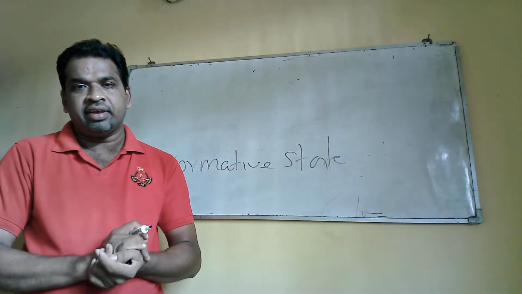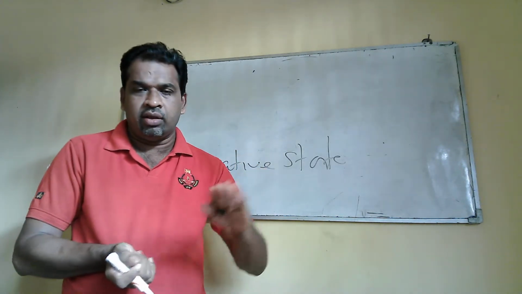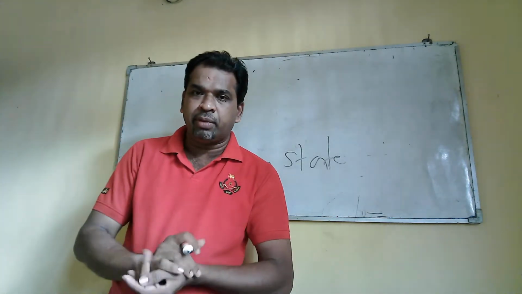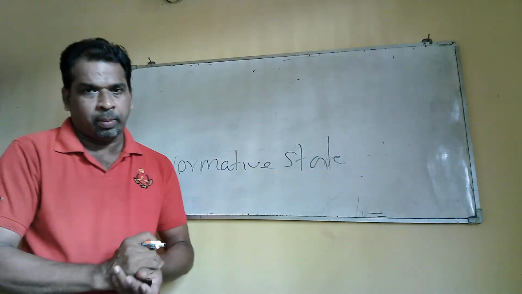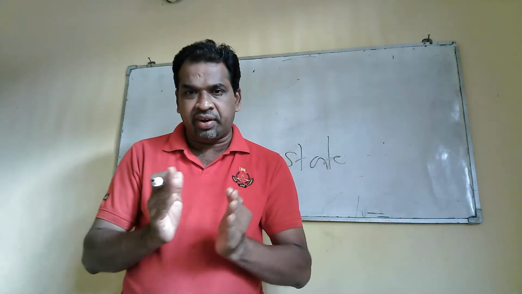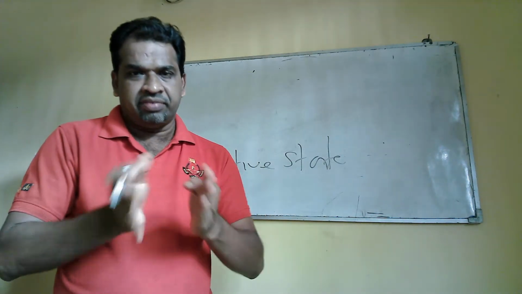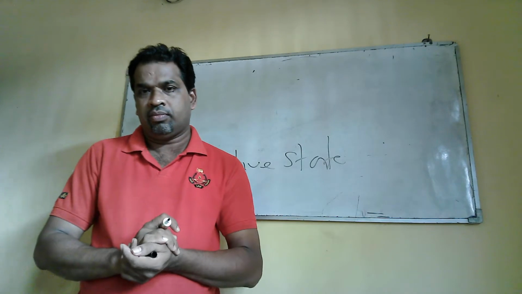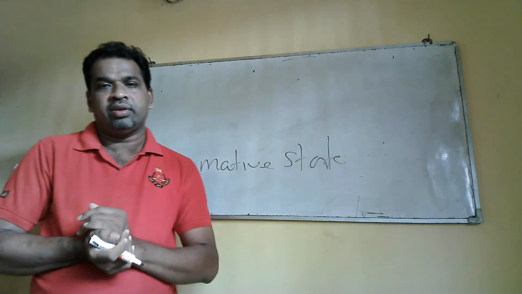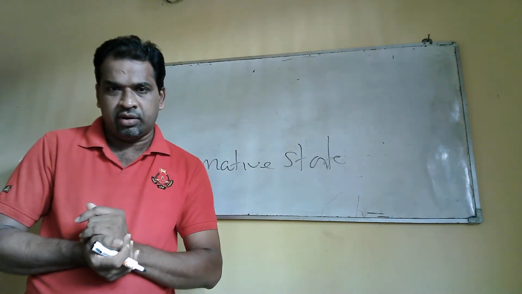That is a normative statement. That is a subjective matter. Another example: the government should try to reduce the inflation rate of the economy. That is also a personal opinion. They are subjective. So you understood normative and positive statements in a simple manner.